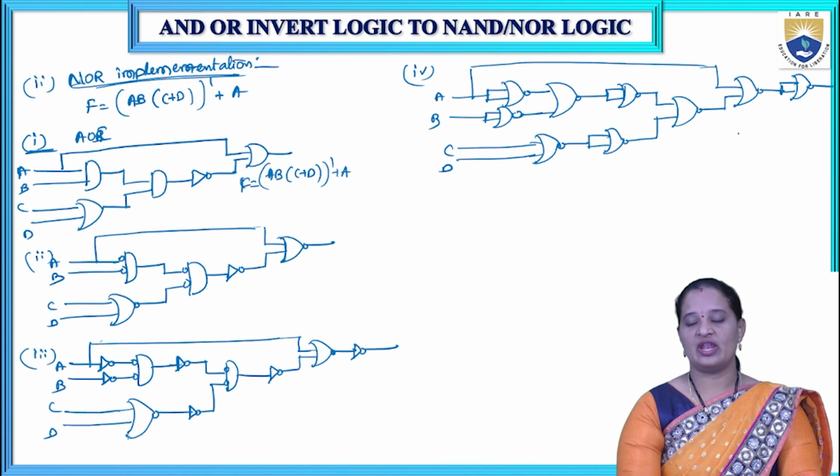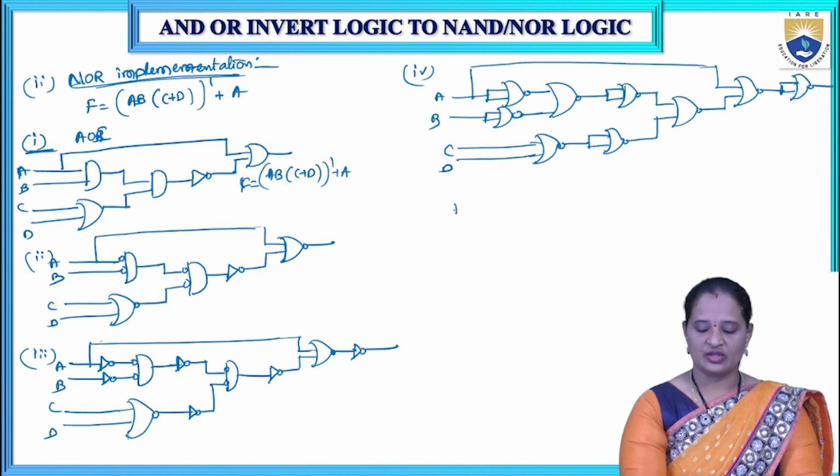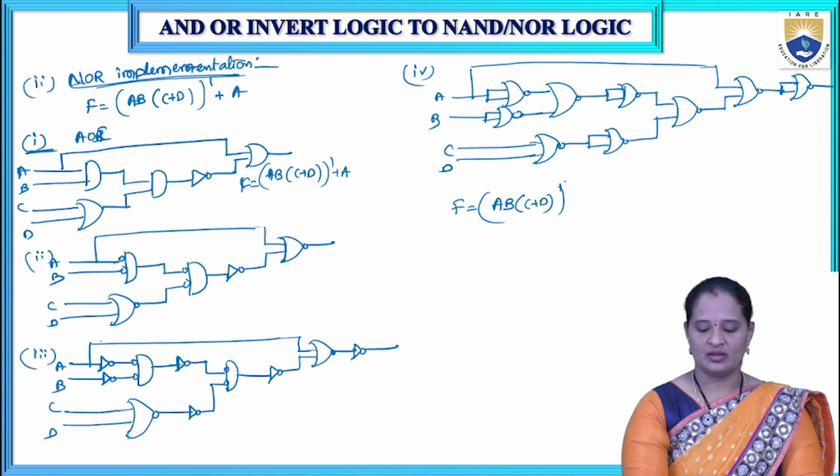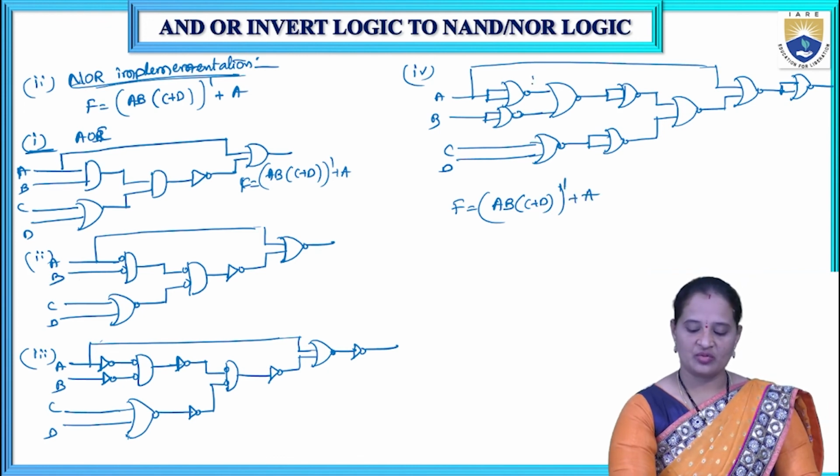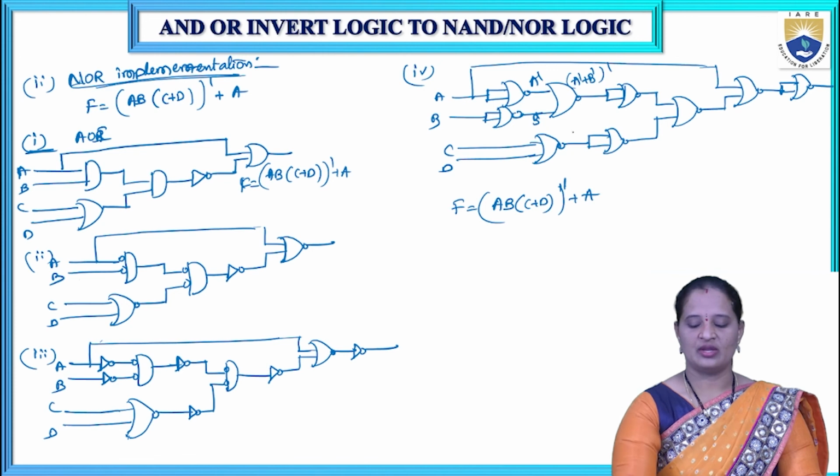Now we can also evaluate the output of this logic circuit, so that you will be getting the same expression, AB into (C plus D) whole complement plus A. This is what you will be getting. So what is the output? A bar, B bar. So this one is (A bar plus B bar) whole bar. So what is the output?